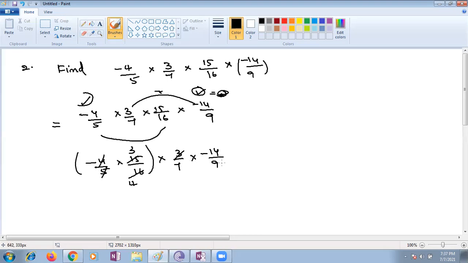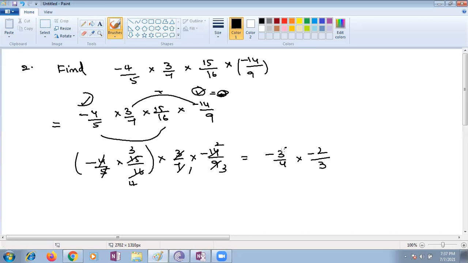Here 3 threes are 9, and 7 twos are 14. What is the value here? Minus 3 by 4 multiplied with minus 2 by 3. You have to check over here, children.